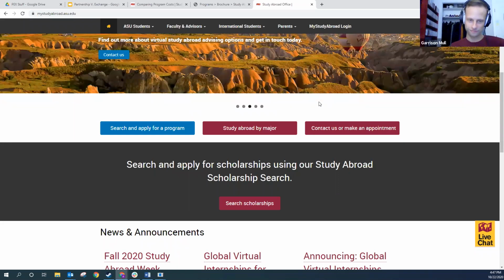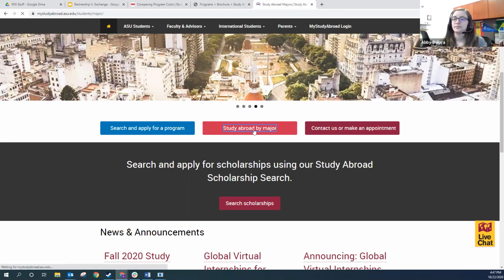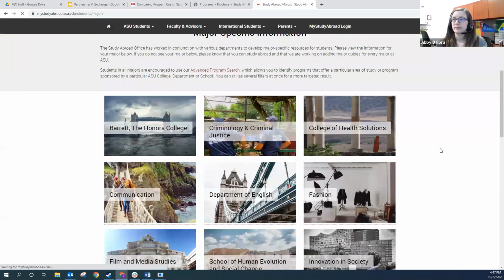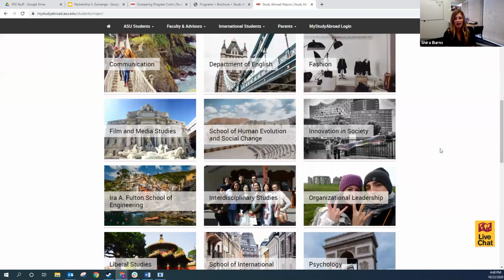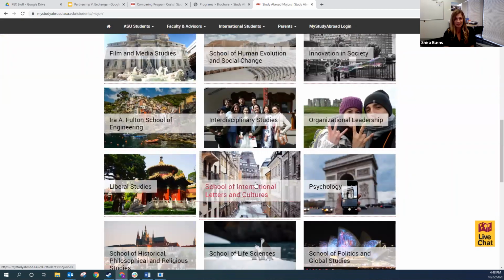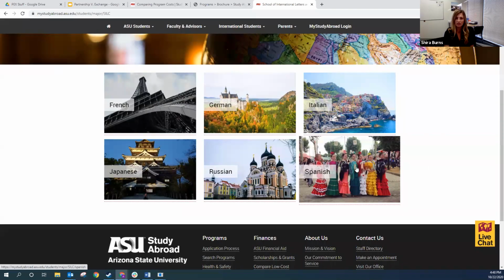Other general questions? Can I point out one other way to search, and that's the study abroad by major box. Not every major in college is represented here, but Spanish is a great example. We have worked with the School for International Letters and Cultures, and we do have a major guide for Spanish.